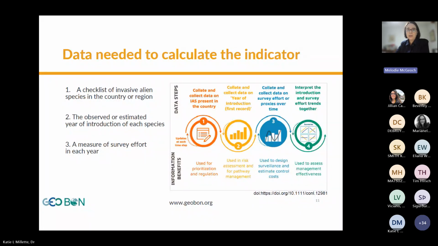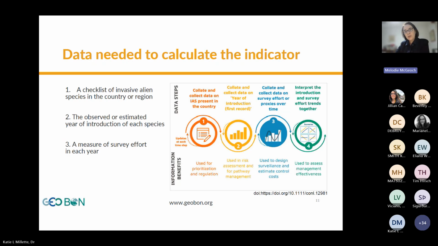Step 3 for the indicator is to collate and collect data on survey effort or some proxy of survey effort over time, and I'll talk about that in a moment. Data on survey effort is incredibly valuable for designing surveillance and for estimating control costs. So again, high information value for these sorts of data. And finally, step 4, interpret the introduction and survey effort trends together, as I showed you for method 1.